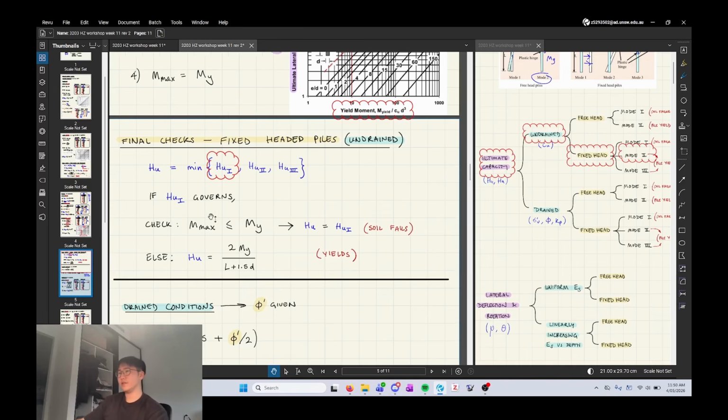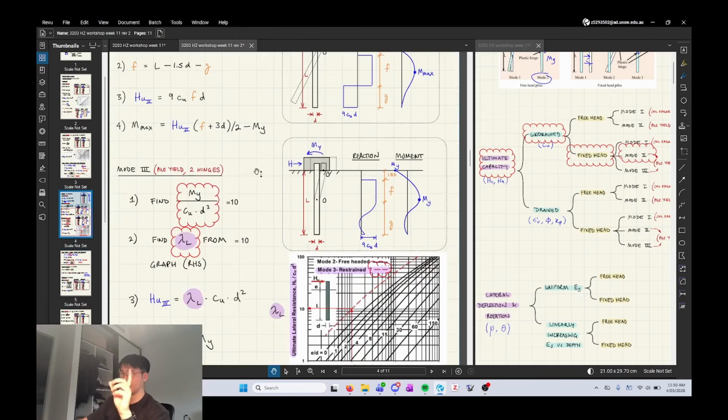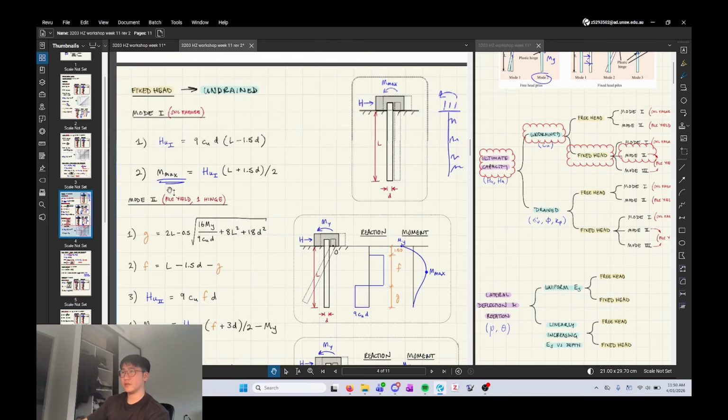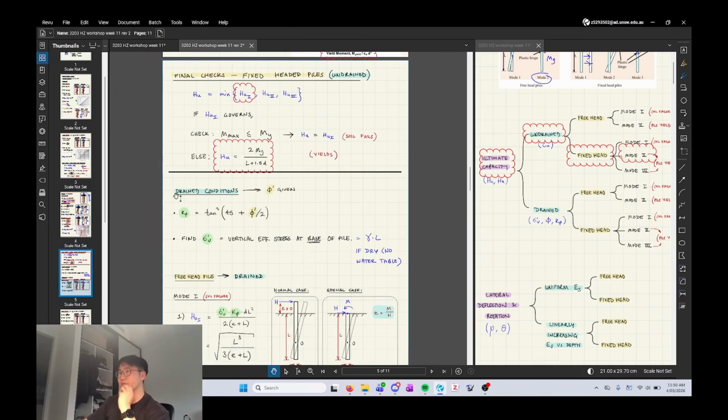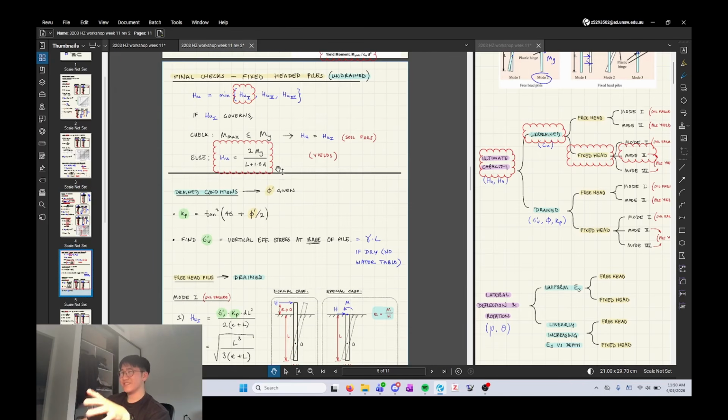Okay, and so you do that same check that I talked about before, except this time we have a different formula, right? And you don't have to work out F and G and all that. The way that I derived this was from rearranging this equation, just for HU, but I've set this equal to my yield moment, okay? You can check that yourself if you like. So that makes sense to me, okay?